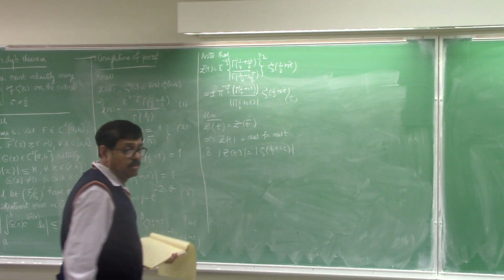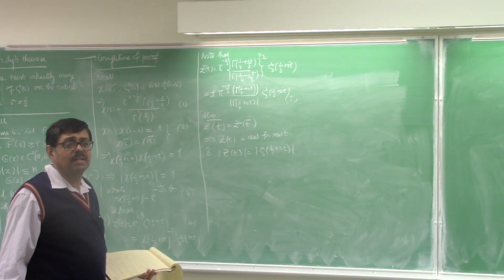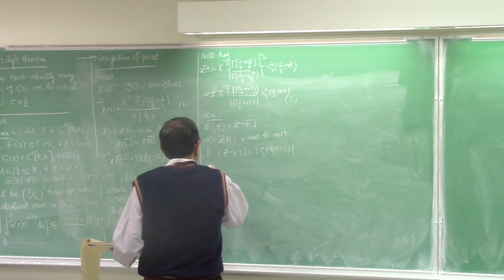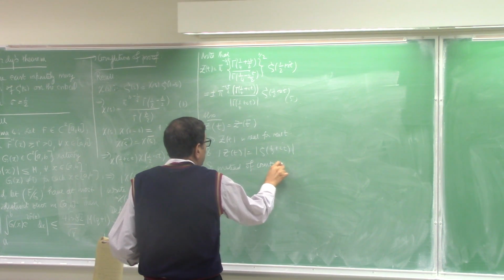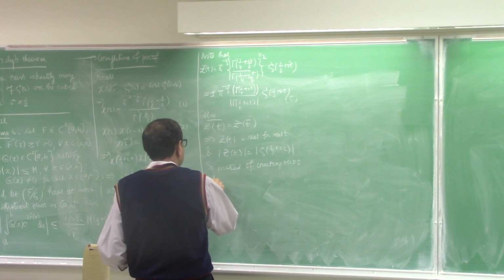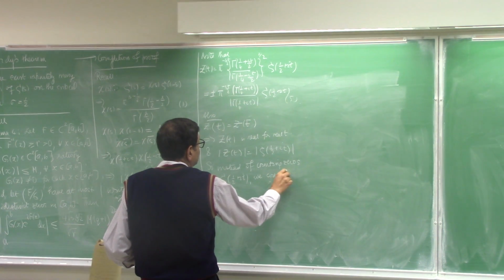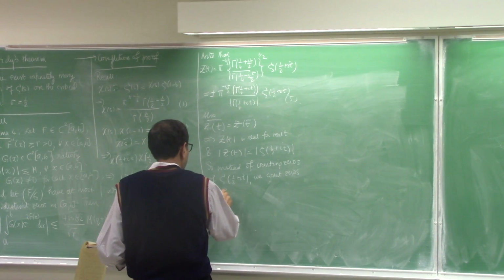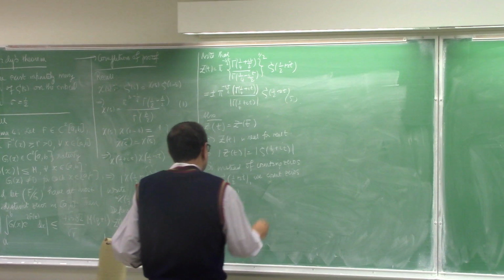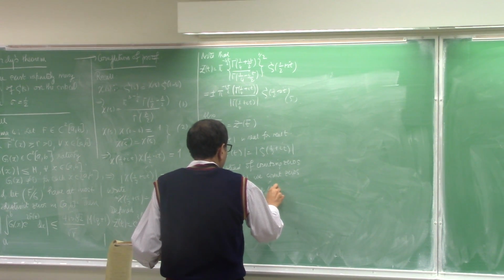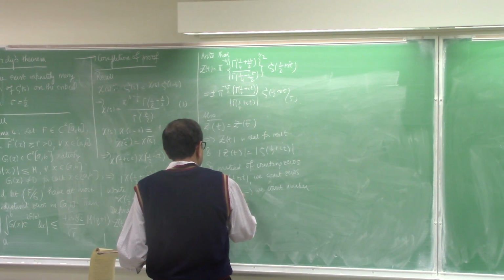So we're going to replace counting the zeros of zeta(1/2 plus it) by counting the zeros of Z(t), which means we count the number of sign changes of Z(t). So Z(t) is real. So this is where we were last time.